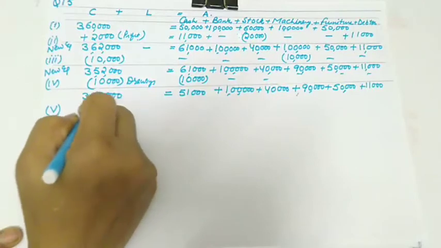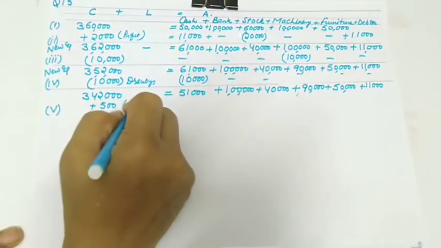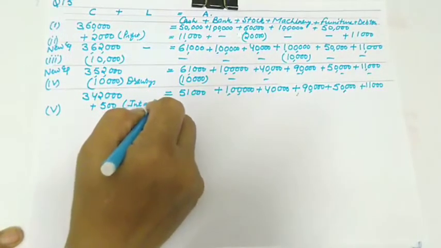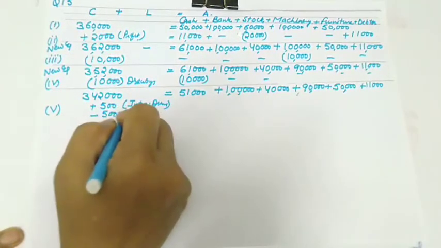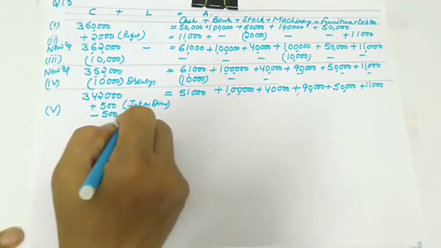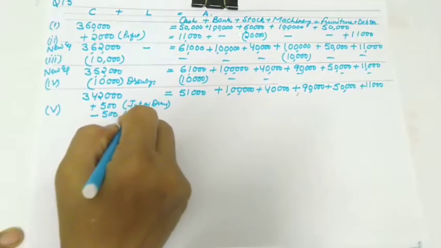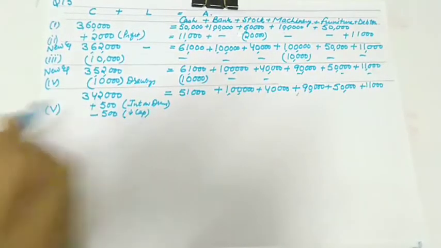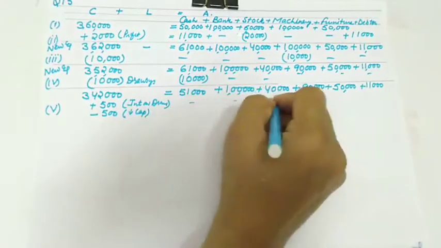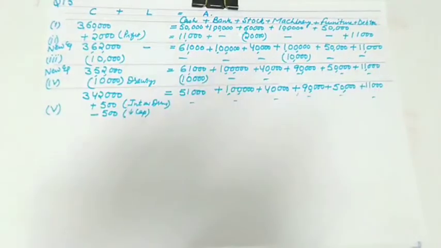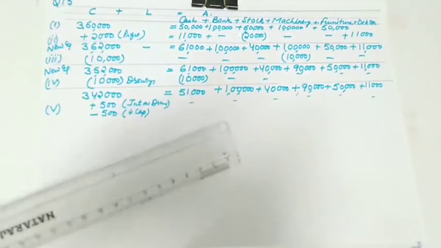It will be added because interest on drawing is an income. It will be deducted from the capital because it will be taken from the owner. It will reduce capital, and it is not to be treated in any other item. Rest of the things will remain as it is.